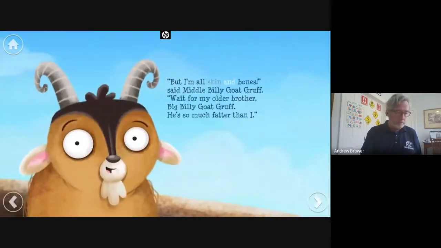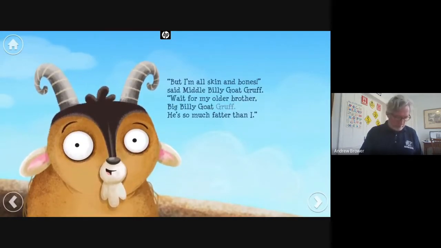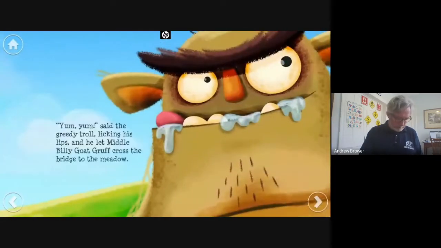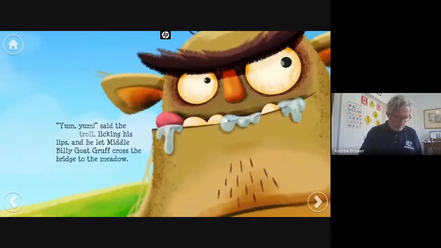But I'm all skin and bones, said Middle Billy Goat Gruff. Wait for my older brother, Big Billy Goat Gruff. He's so much fatter than I. Yum, yum, said the greedy troll, licking his lips, and he led Middle Billy Goat Gruff across the bridge to the meadow.